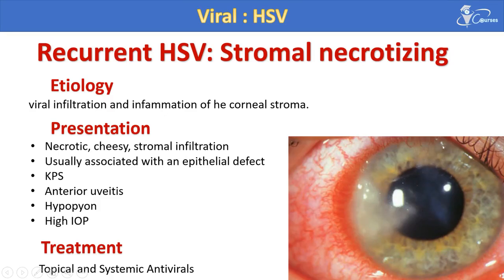The other thing, you see this, what is this? This is a stromal scar. Let me just point to it. I hope that you can see it. This is a stromal scar. So this means that the patient has previous attacks, which is more common with the virus. Also, for other clues, you can find the KPs denoting viral keratitis, you can find anterior uveitis, hypopyon, and high intraocular pressure also goes with uveitis.